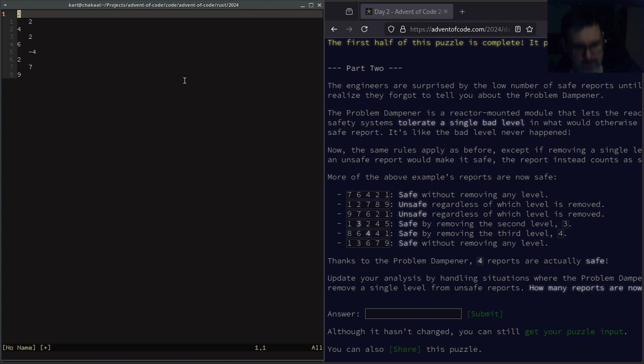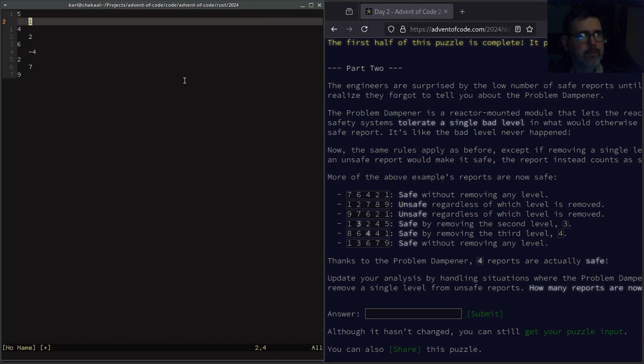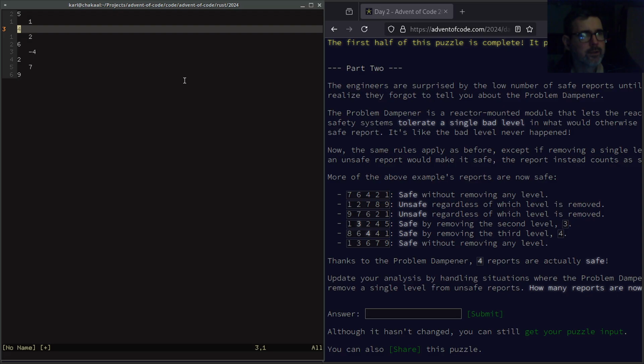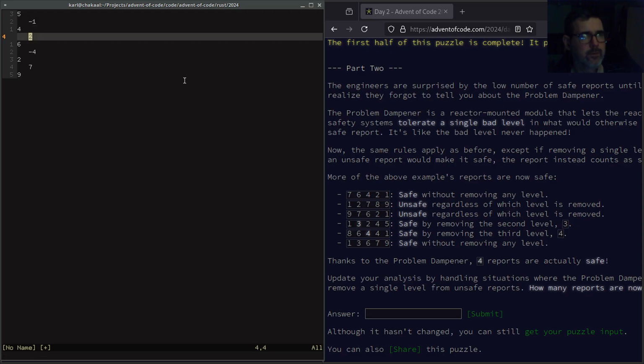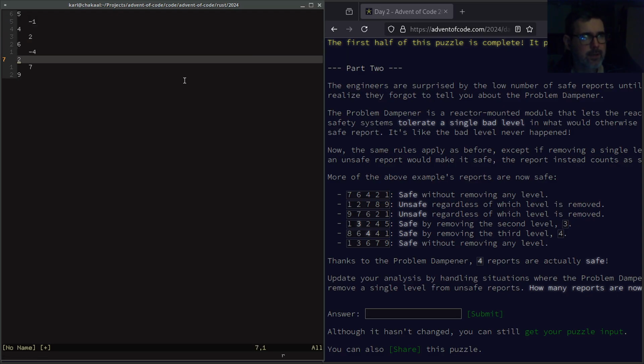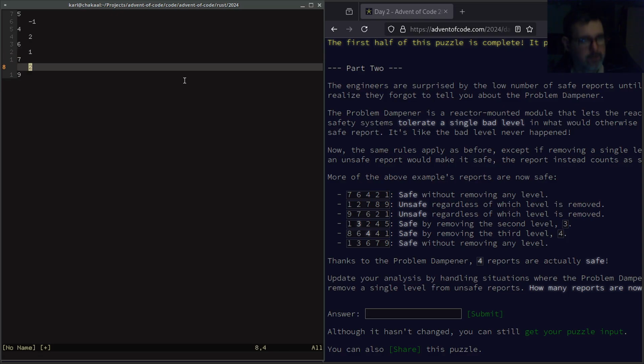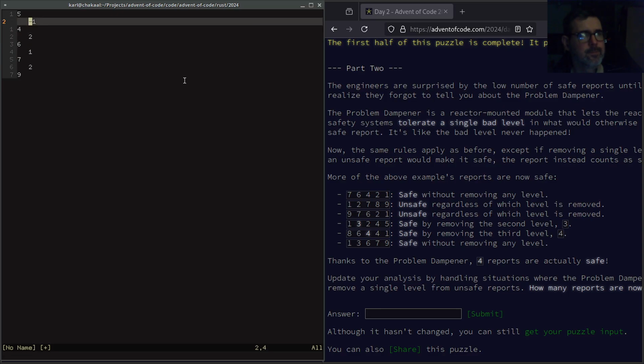So let's go to the scenario here where this is like a 5, right? So that goes to -1, that goes to 2, and then let's just put this back to something that works, right? That's 1 and 2.